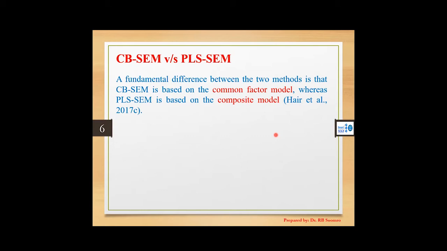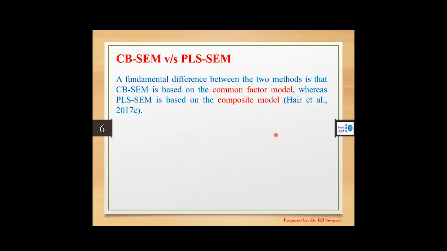I cannot give you the exact number that we can call small or large. But this is my approach: whenever your sample size is less than 100, it is a small sample size, and when it is more than 100, it can be called a large sample size.